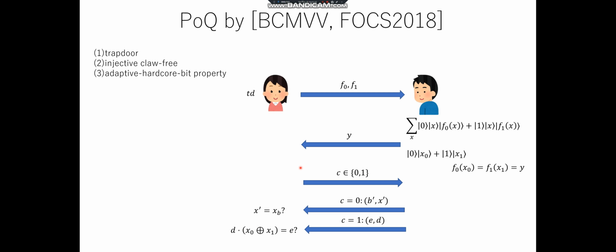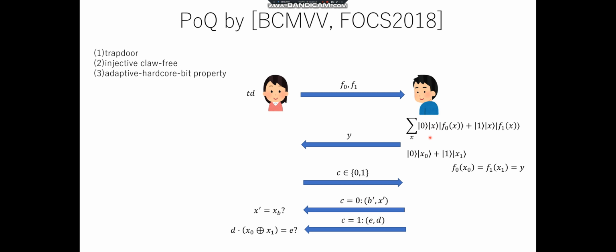So let me explain the soundness. The soundness is intuitively shown in the following way. Assume that the classical polynomial-time prover can correctly answer both these challenges. Then, because this prover is classical, we can rewind this algorithm.